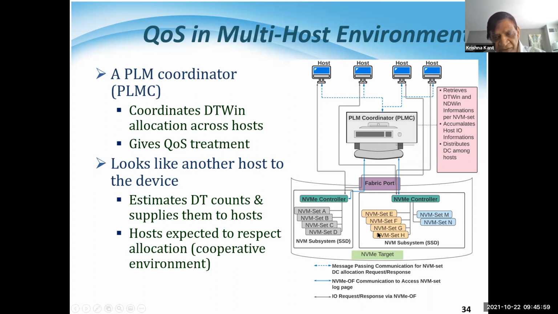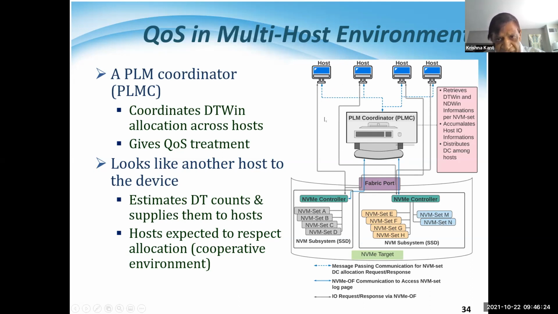So the device doesn't know any better. So the coordinator pretends to be a host, goes and grabs the information. There's a publish subscribe interface here between the device and the host. It goes and grabs all the information, and then it gets the request from the host for the allocations.